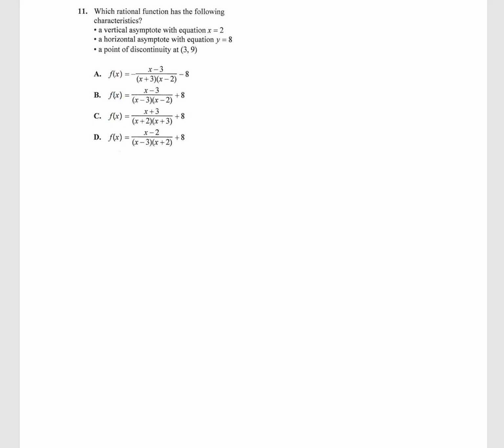Okay, so let's start with this first characteristic, a vertical asymptote with equation x equals 2. And what this means is that y is undefined when x equals 2.